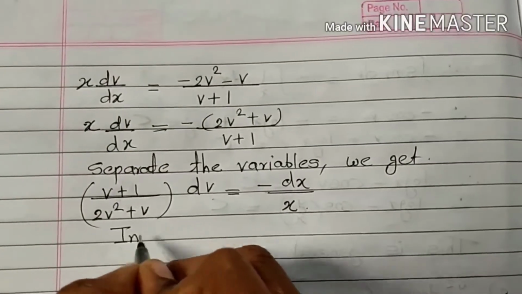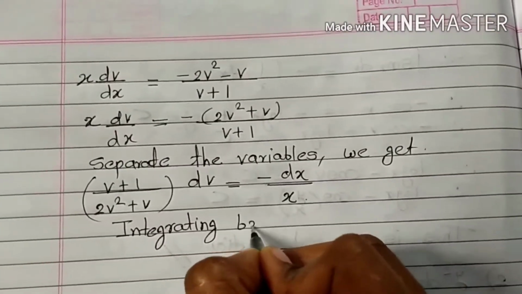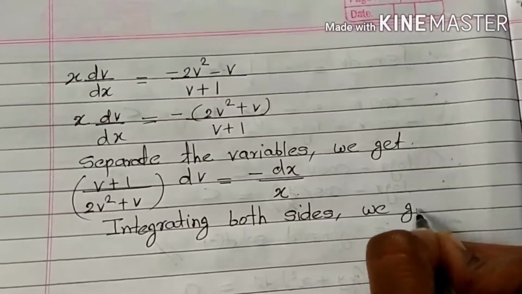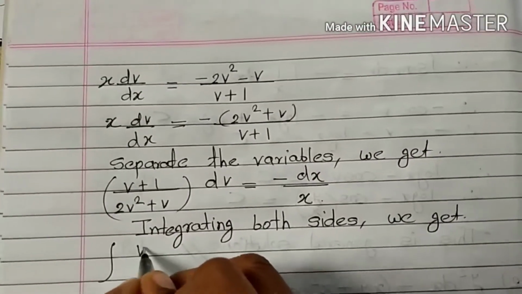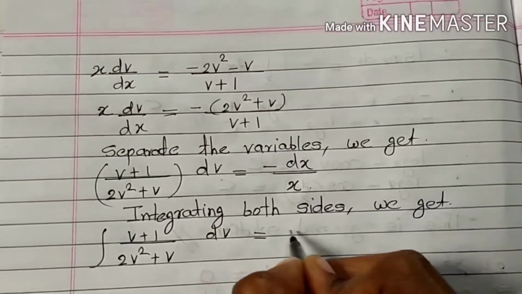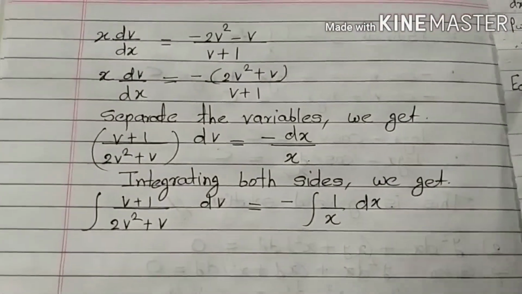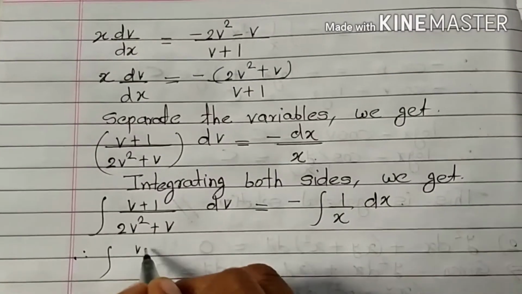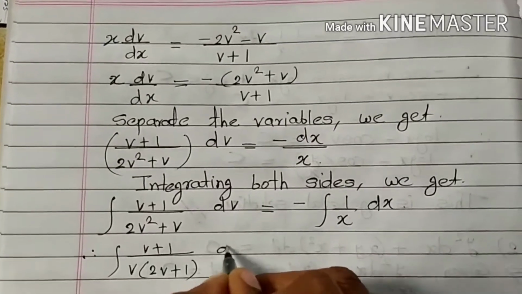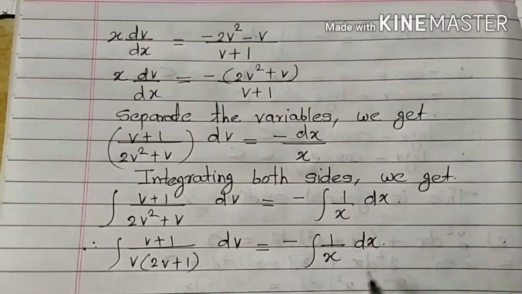So integrating both the sides, we get the integration of v plus 1 upon 2v square plus v dv, which is equal to minus integration of 1 upon x dx. Okay, now here take v common, so v plus 1 upon v into 2v plus 1 dv, which is equal to minus integration of 1 upon x dx.